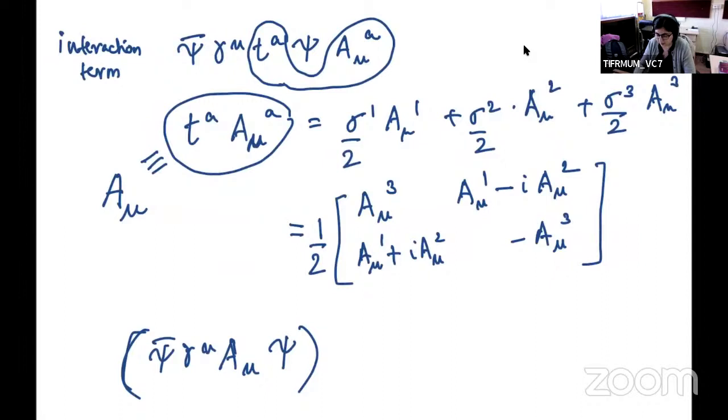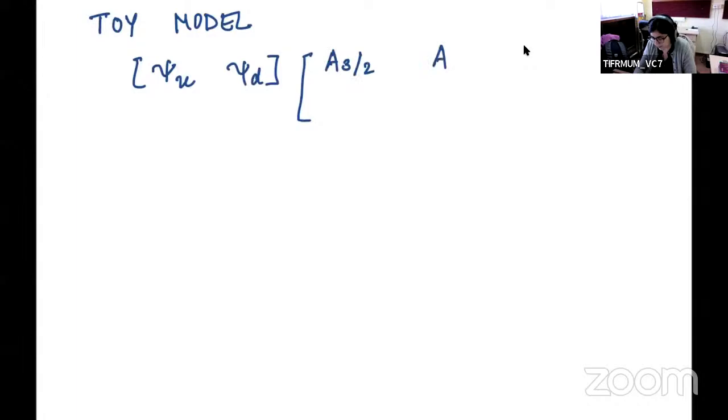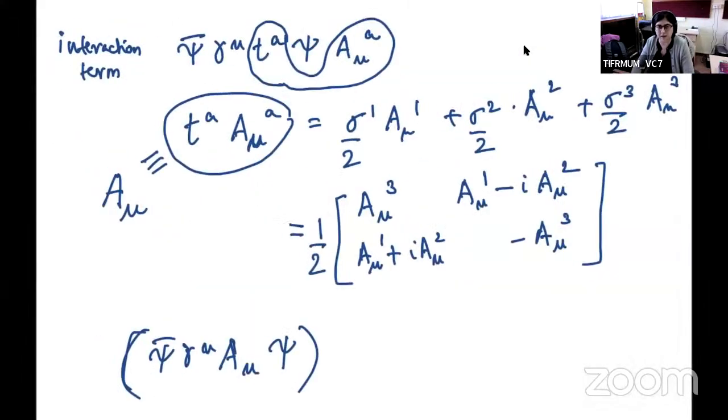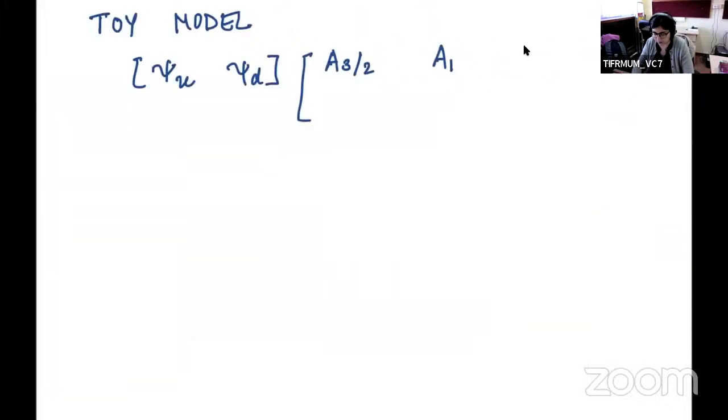Okay, so you have this kind of an A mu term, and let us look at what kind of terms you get. So you had psi u and psi d. Remember, that was how we wrote our psi. And then you have this A3 by 2. So I'm going to suppress the mu as well right now. It's not super critical.